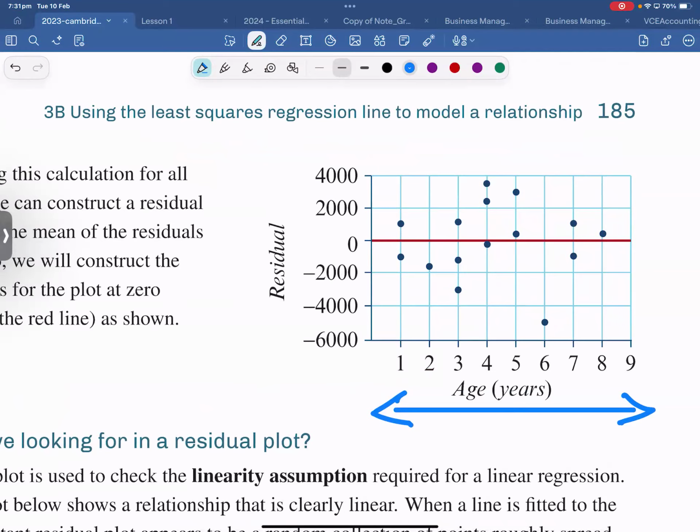Okay? Now this is the residual plot. Look at this one. Residual is ranging from positive to negative, yes? It is having both positive and negative. Right?